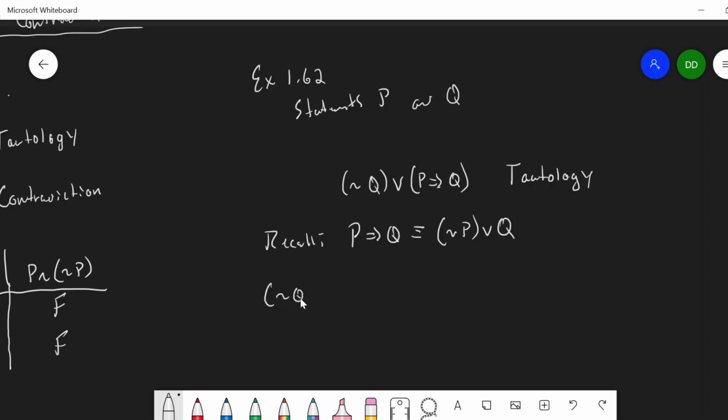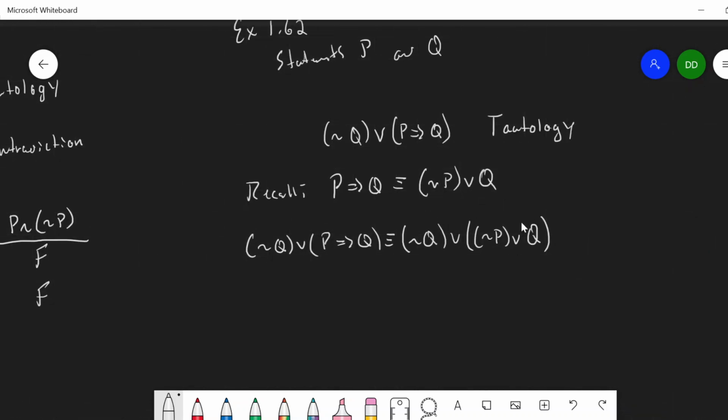So not Q or P implies Q is equivalent then to not Q or, and here I'm going to write this like this, not P or Q. So now I have a disjunction of three statements, right? I can use associativity and commutativity to rewrite this to say Q or not Q. I'll group those together, or not P.